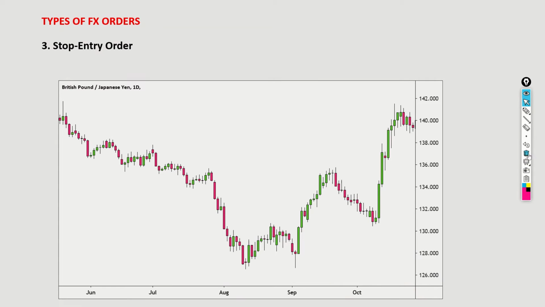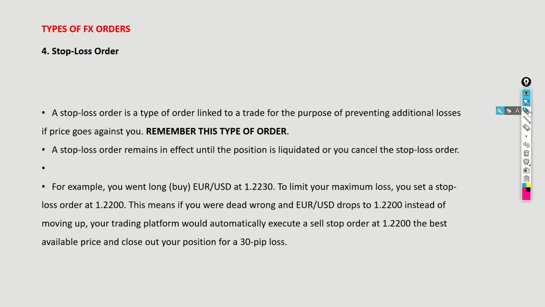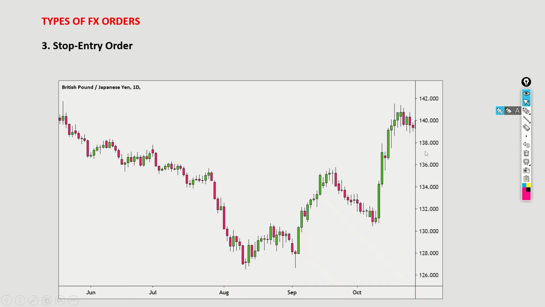So when you look at this chart, we want to explain what we call the buy stop first. So we want to start with a buy stop order. For a buy stop order, we say that the price goes up and when it hits a certain level, it keeps going up.